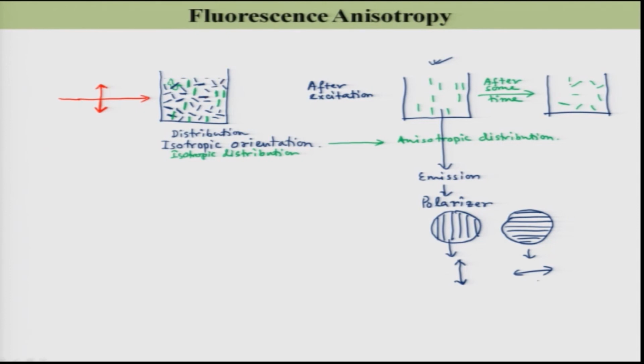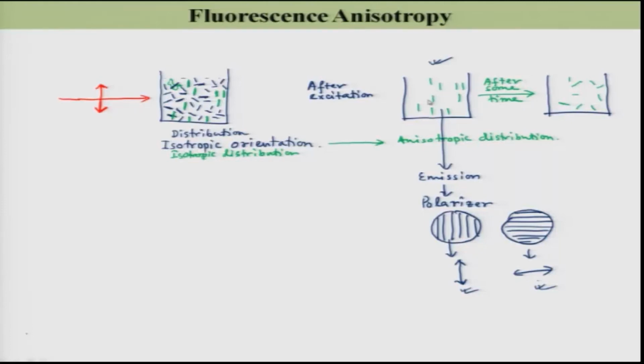As time goes, the intensity of this one and the intensity of this one will be very similar, and that is the subject of fluorescence anisotropy, right. It means that the fluorescence intensity in the vertical direction is more compared to the horizontal direction.